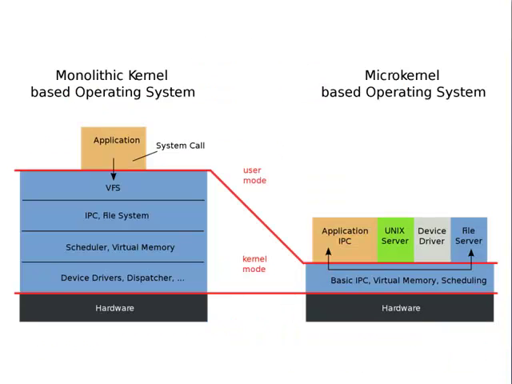In fact, there are two key versions of kernel design. Monolithic kernel-based operating systems put the file system, so the code that manages how files are saved to disk and how folders are organised and file naming works and so on, as well as device drivers for managing the different installable hardware that you're using in your computer.